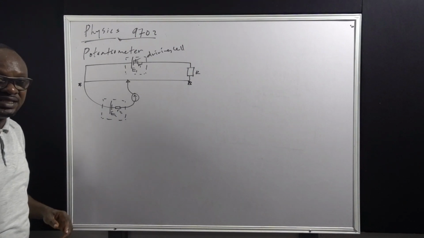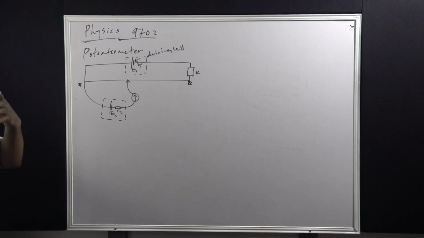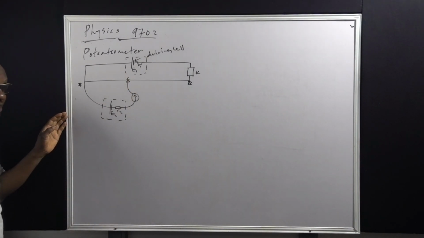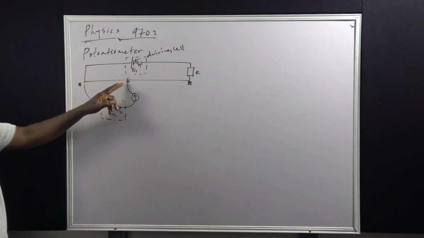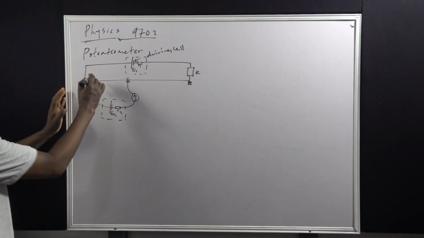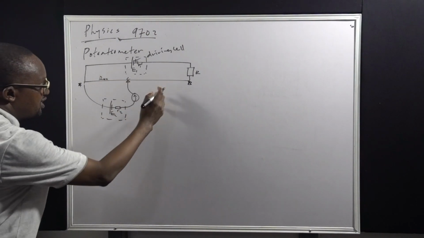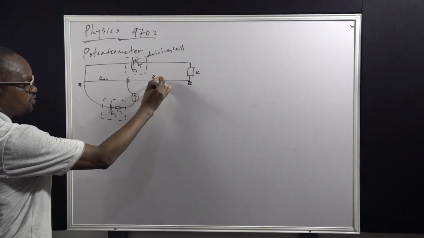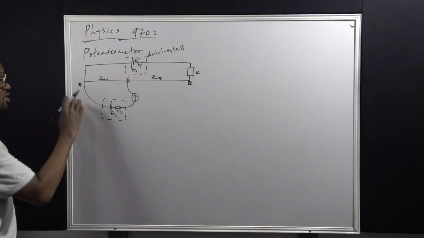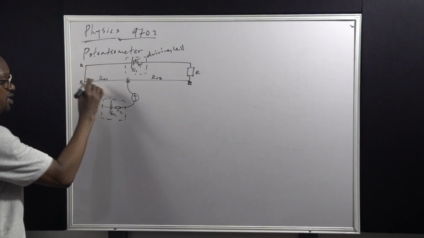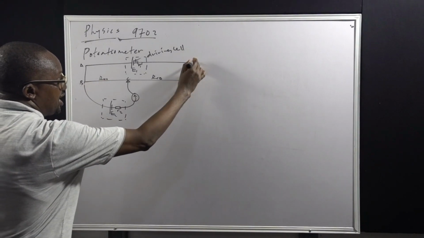So point C is called the contact point. So we can say that AC is a resistance wire having resistance R_AC. CB is also a resistance wire having resistance R_BC. Let me label this place A, this B, C, D, and E.